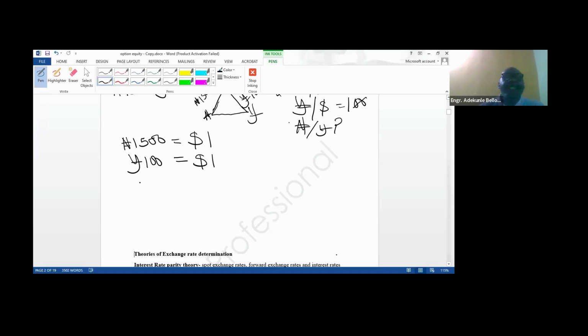We now want to get naira to yen. How many naira do I require to purchase one Japanese yen?